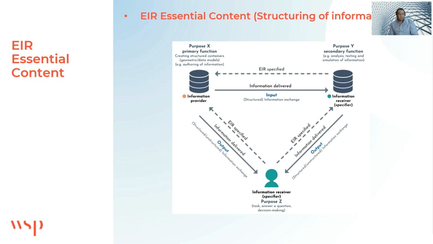So it's important to add the required structure of information for every purpose. Whatever BIM use you will require in your project, you need to define how the information will be delivered, what information is to be delivered, what the formats for the information are, and so on.